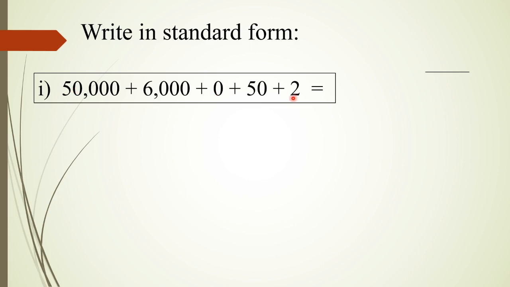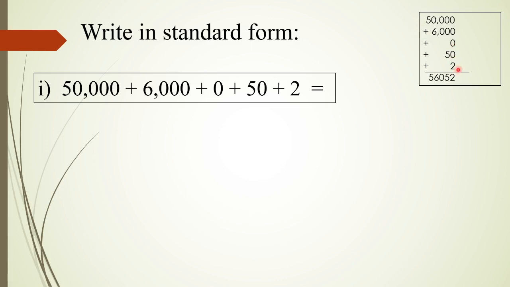So simply if you add all these numbers, you will get the standard form of this number. Now I am going to add this. Now look here. Yes, in this box. The first number is 50,000 plus 6,000 plus 0 plus 50 plus 2. You have to just add all these numbers.